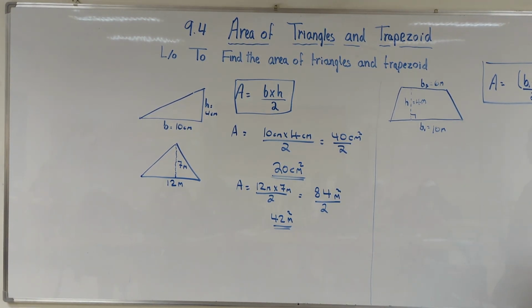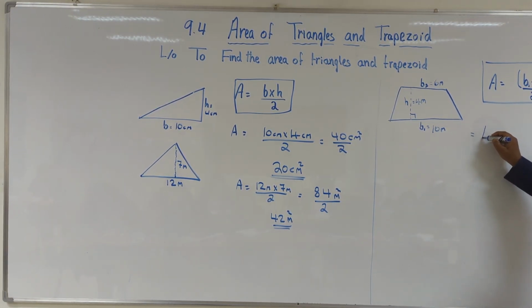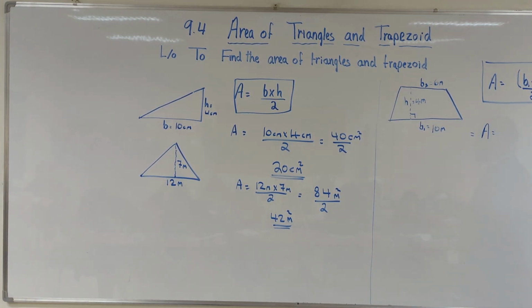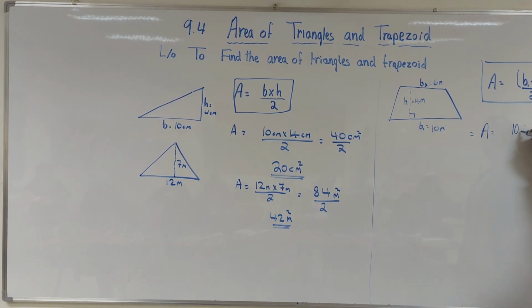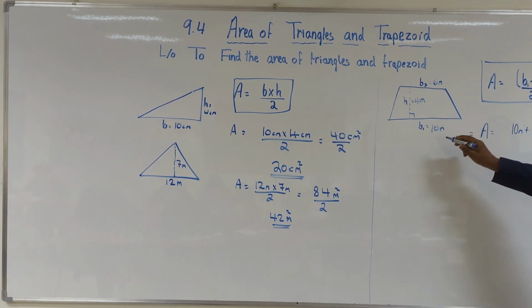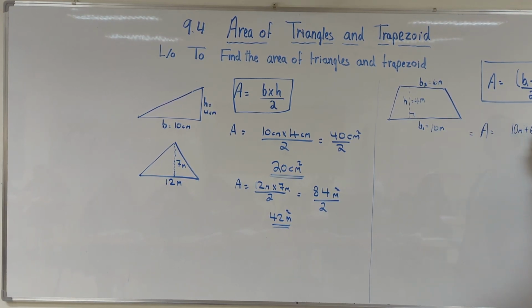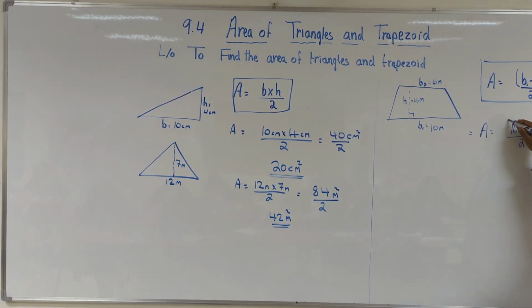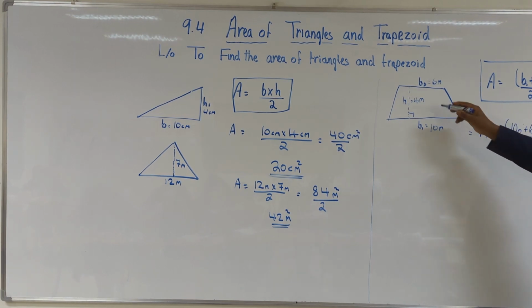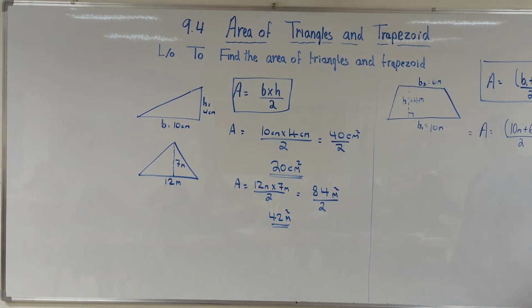Let's work it out. First of all, I will say A, the area of the trapezoid, is equal to base 1, 10 meters, plus base 2, 6 meters, divided by 2, and then multiply whatever I get from here by the height, which is 4 meters.